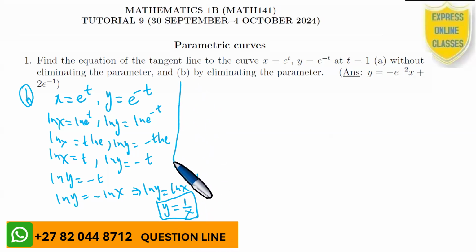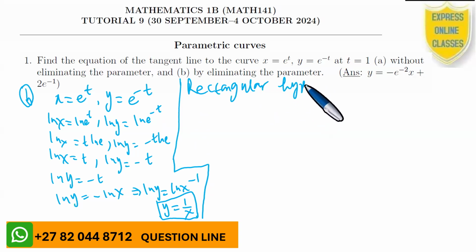So this becomes the equation of a rectangular hyperbola. But now pay attention. We need to then have the following.